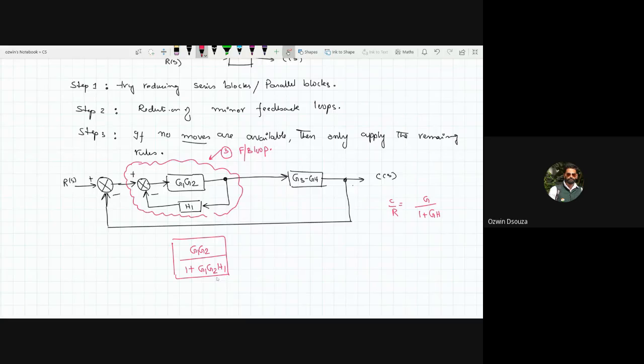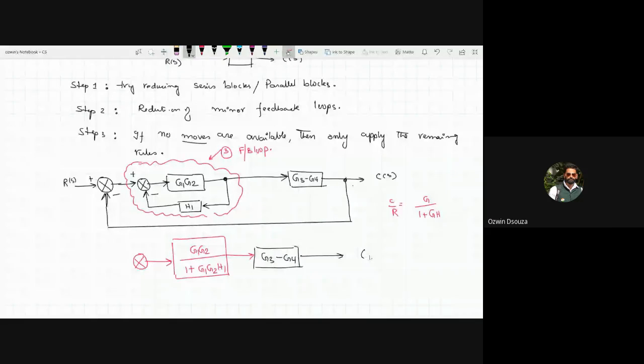Okay. So this summing point will disappear now. So you're left with the outer summing point and a second block, which is having overall transfer function as G3 minus G4.